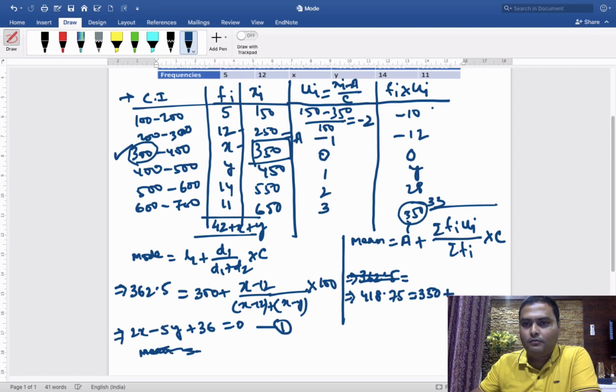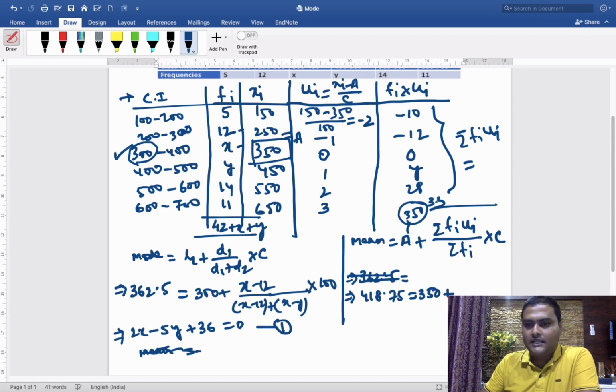So we need to make the summation of this one, which is summation of fi and ui. We'll find minus 10 minus 12, so minus 22 plus 28, so plus 6 plus 33, 39 plus y. So this will be 39 plus y.